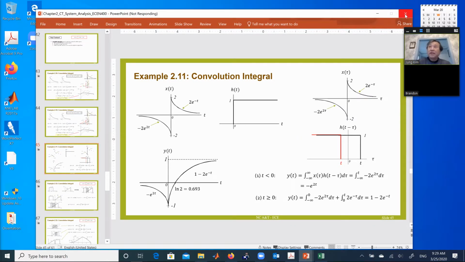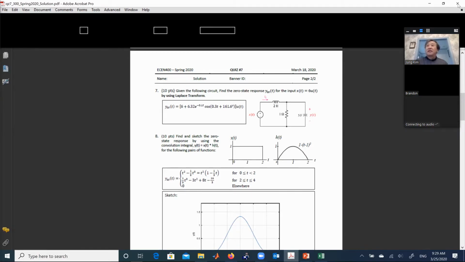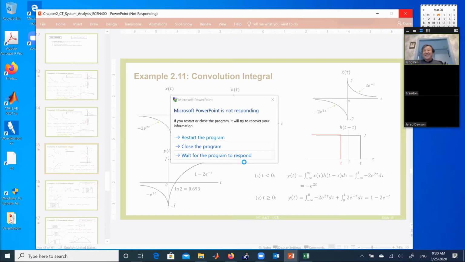Can we close it? The system's probably just overloaded, Dr. Kim. Oh yeah, I opened too many things. Maybe do Control Alt Delete, open Task Manager and close out the PowerPoints if you need to. Yeah, the main thing is Blackboard's probably overloaded and not letting you upload while you're running this Zoom. That makes sense. It's not easy.